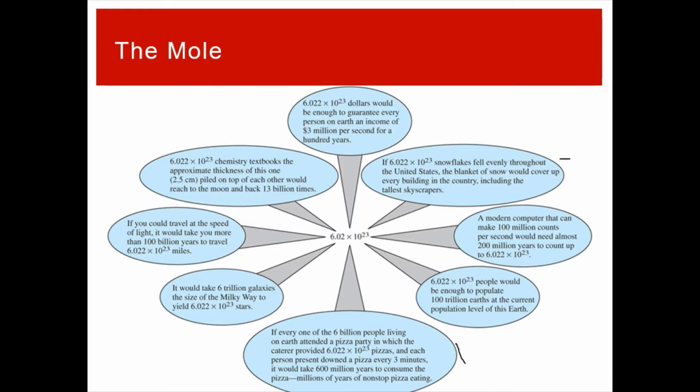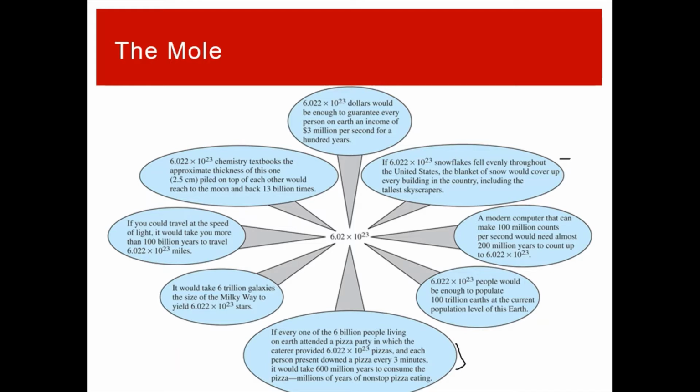If you had a mole's worth of pizza, it would take all 6 billion people constantly eating pizza. If you ate an entire pizza every 3 minutes, it'd be 600 million years of consuming pizza. We do have more people on the Earth now, so 6 billion is a little low, but you're still talking about hundreds of millions of years of pizza eating. These are just stupidly large numbers.